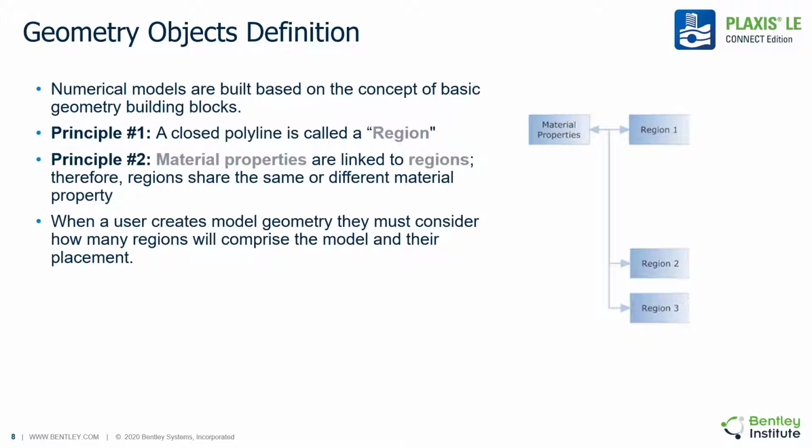Numerical models are built based on the concepts of basic geometry building blocks. In PLAXIS LE, we need to understand two main principles related to basic geometry. The first principle is that a closed polyline is actually called a region in the software. The user can create several regions for a model or only have one region that represents the entire geometry.